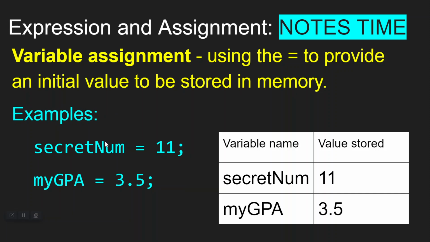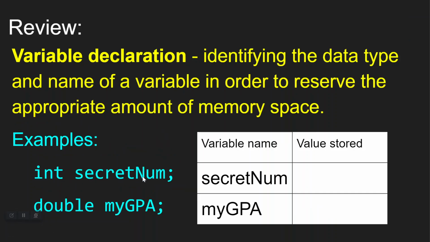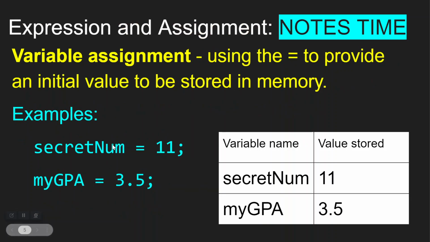So if I say secretNum equals 11, I've already declared secretNum here. So if I now say secretNum equals 11, I've now assigned the value of 11 in that area of Java memory. And these are, again, now associated with one another. And if I say myGPA equals 3.5, again, we are now storing the value 3.5 in that area of Java memory.